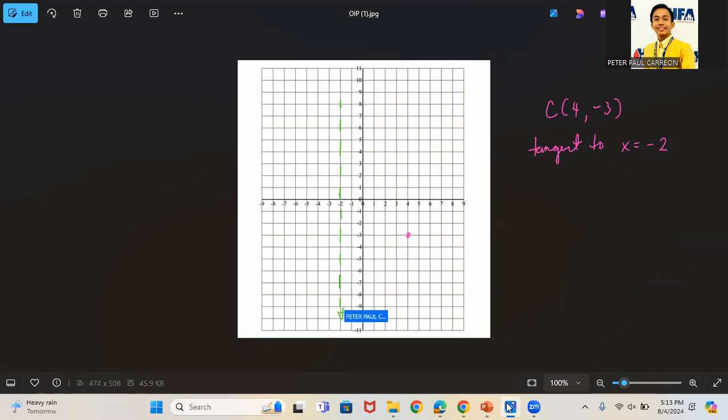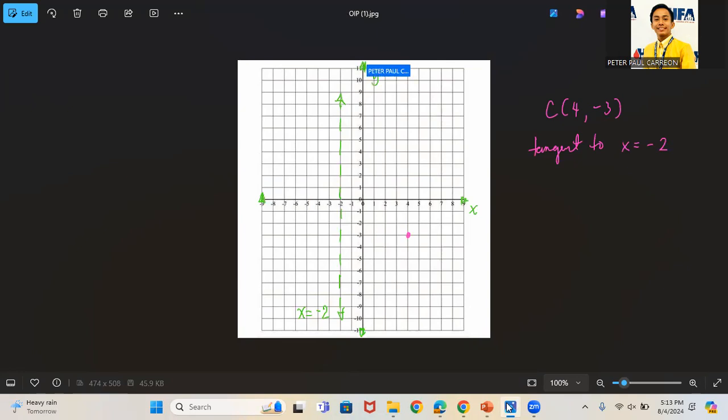This is your line x = -2 because it passes through -2 at the x value. Of course, let's not forget to label our x and y axes. Do not forget also the two-headed arrows representing these axes.